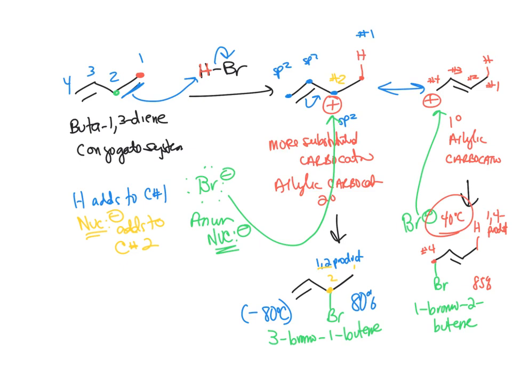Our room temperature is 25 degrees Celsius, so this is slight heating. To get the 1,4 product, your double bond had to move in resonance.